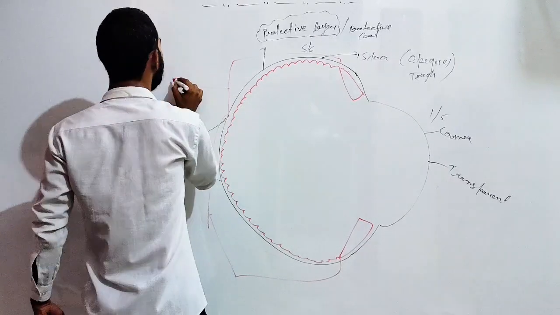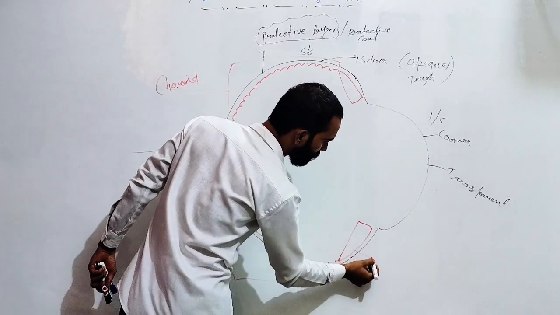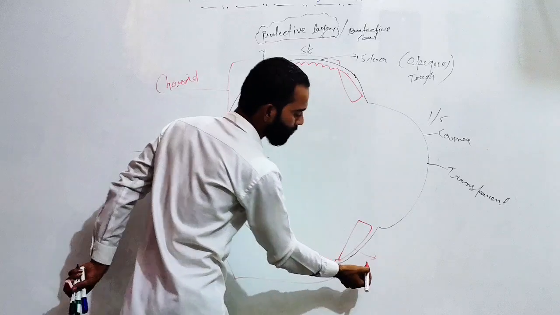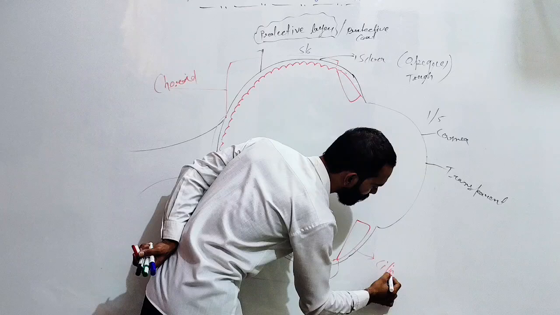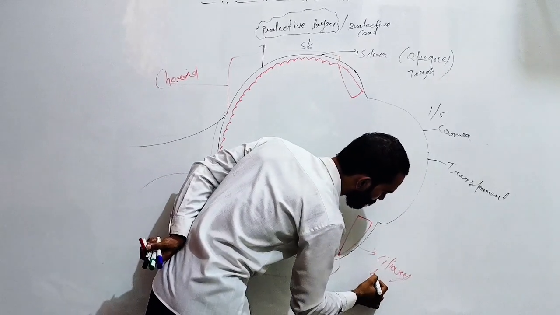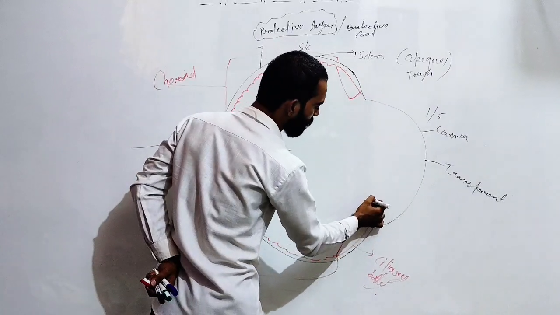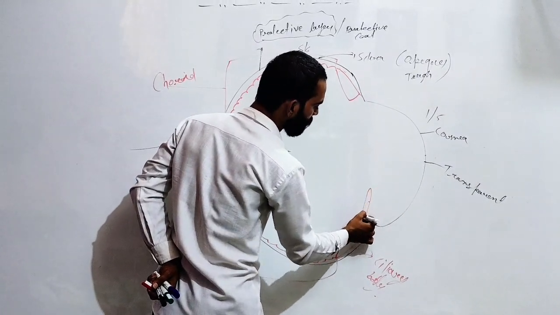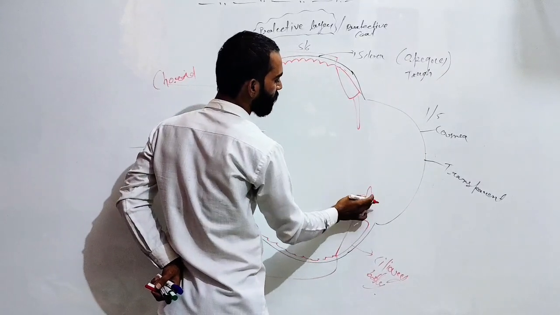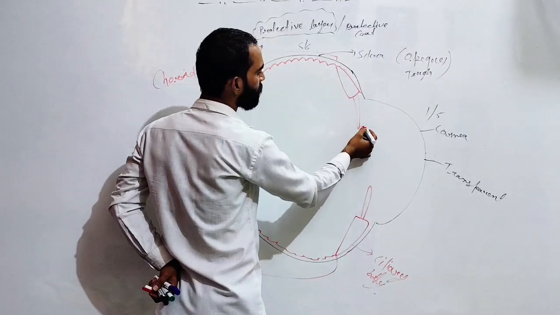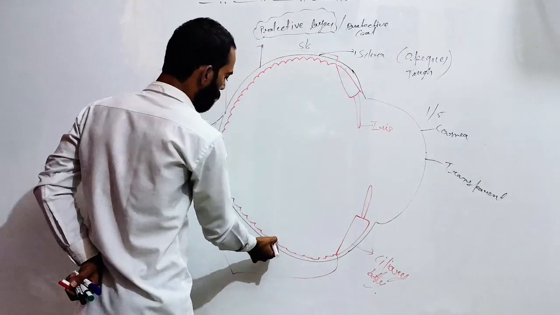This triangular part is called the ciliary body. And forward it also extends to the anterior side of the cornea, which is called the iris. This is the middle layer.